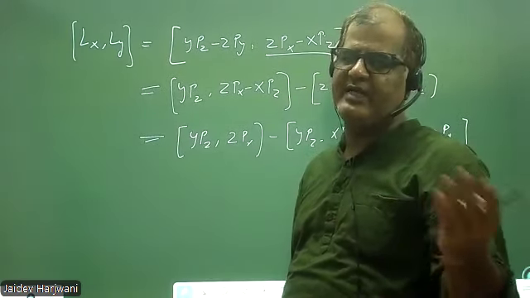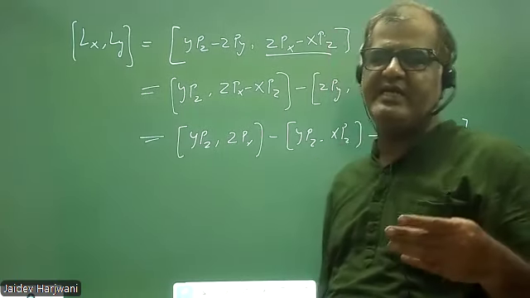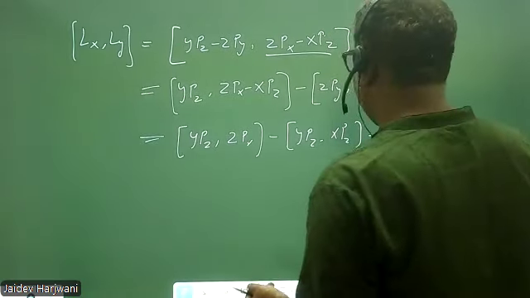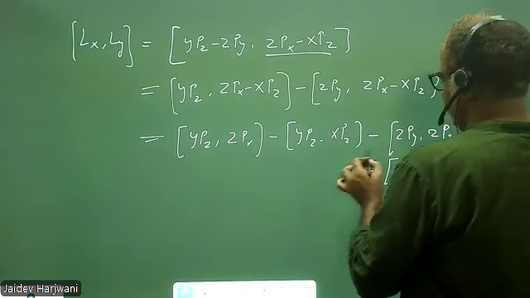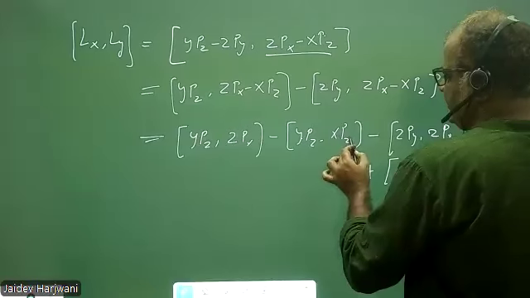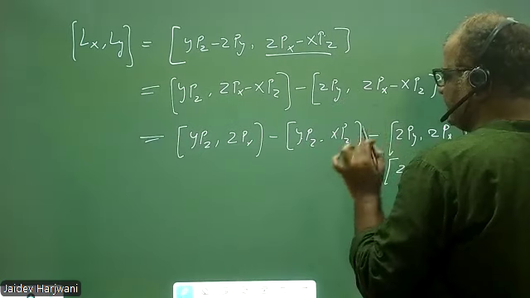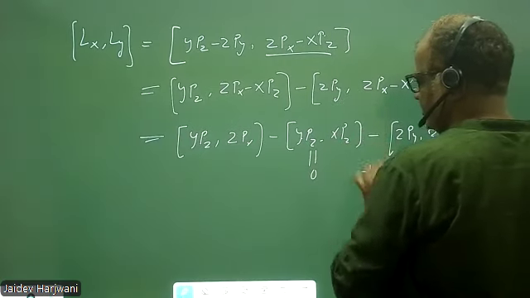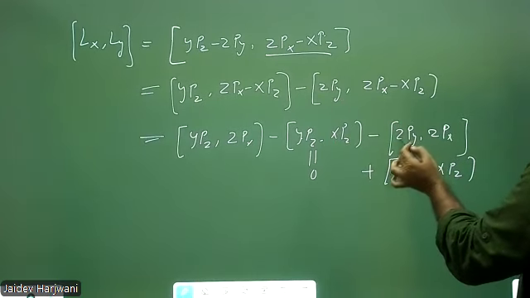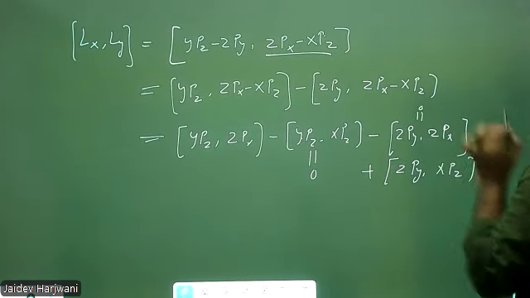Everything else commutes, so this is zero. If you see the two brackets here in the middle, here you have y pz, x pz. y commutes with pz, pz commutes with pz, y commutes with x, so this should give zero because the commutator will be zero. Similarly here, z commutes with z, z commutes with px, py commutes with z, py commutes with px, everything, so you should get zero here.